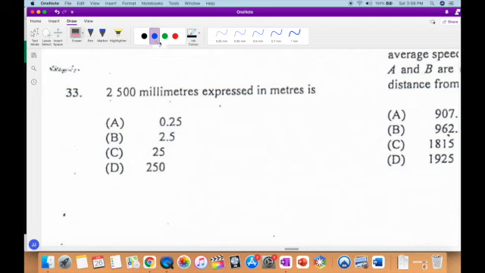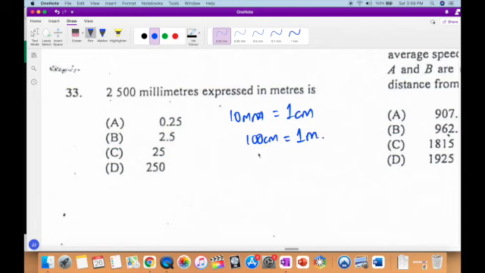Right? So 10 millimeters is equal to 1 centimeter. That's correct, right? I just hope that's not wrong. And 100 centimeters is 1 meter. Right? So 2500 millimeters could be expressed as meters. All right.